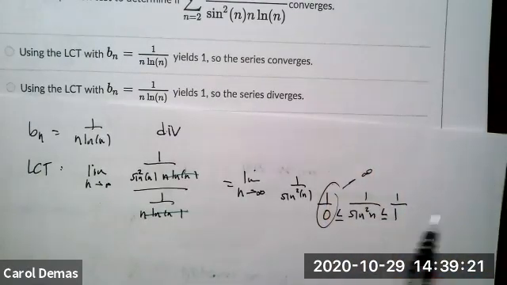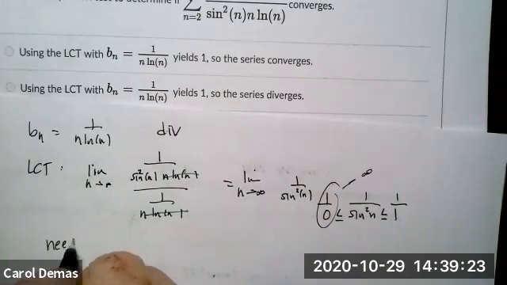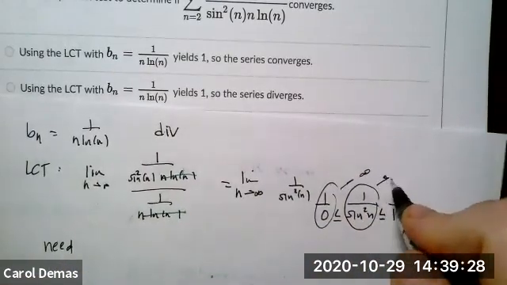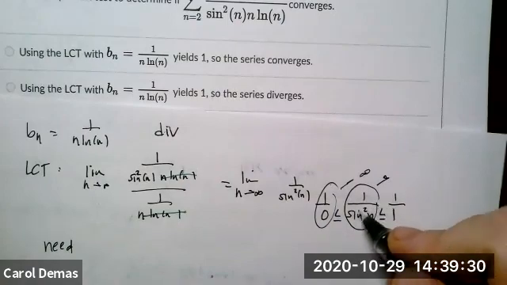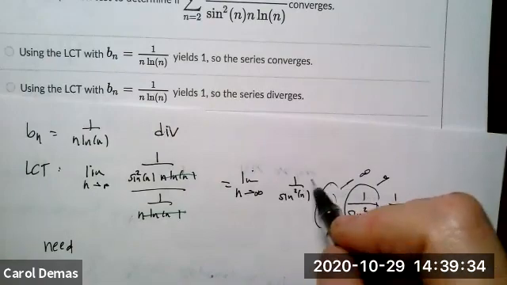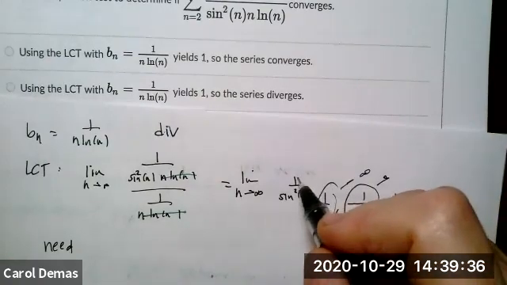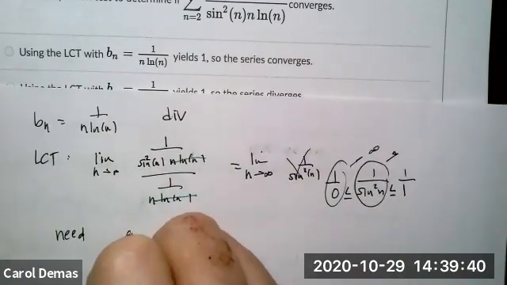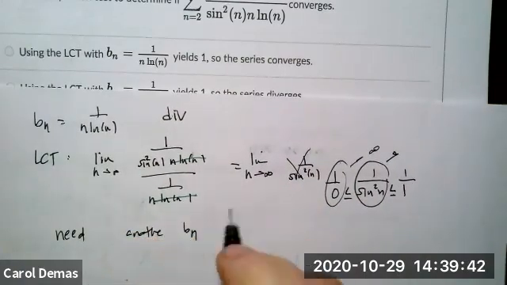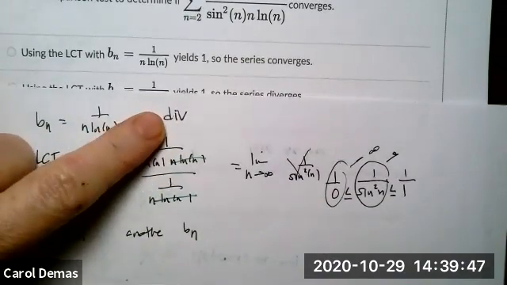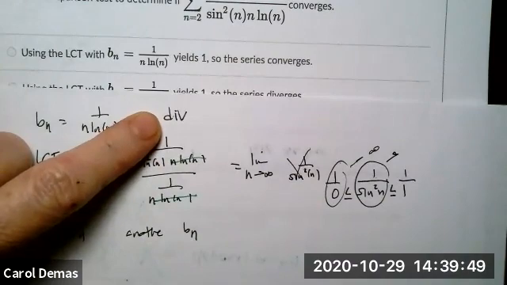So we need another bn. This is going to infinity. This is going to oscillate between 0 and 1, and this is 1. So we're oscillating between infinity and 1. So this isn't going to work. We need another bn. We want to show something diverges, so we want to compare it to something that diverges more slowly.